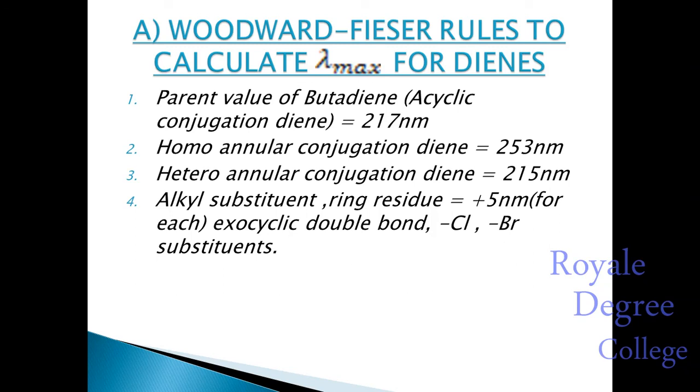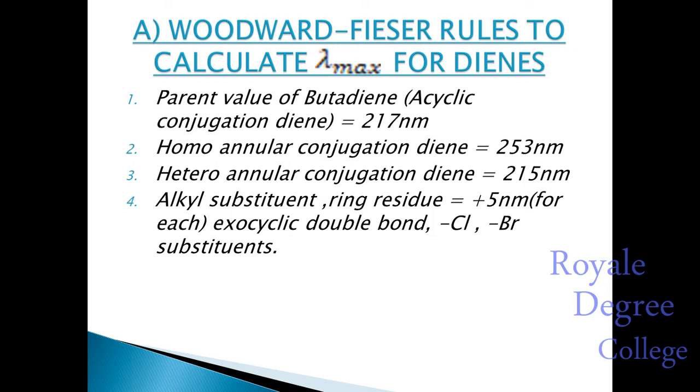So first of all, we'll see the Woodward-Fieser rule to calculate lambda max for dienes. This you have to remember. The parent value of butadiene, that is acyclic conjugated diene, will be a constant value. All these are constant values, and you have to remember them for the calculation of lambda max. For dienes, the parent value of acyclic conjugated diene is 217 nanometer.